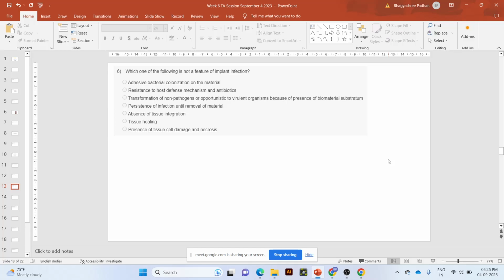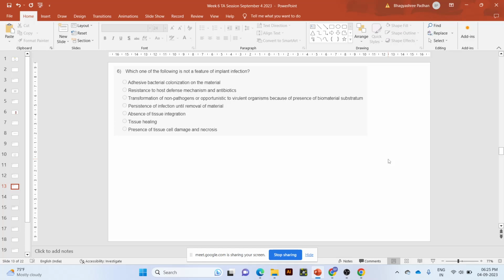Okay, tissue healing is the correct option. So here we are talking about what is not a feature of implant infection. Tissue healing is not associated with implant infection. Rather, it is more of the application of the implant or the biomaterial. So that will be the correct option. Rest of the options: adhesive bacterial colonization of the material, resistant to host defense mechanisms and antibiotics.